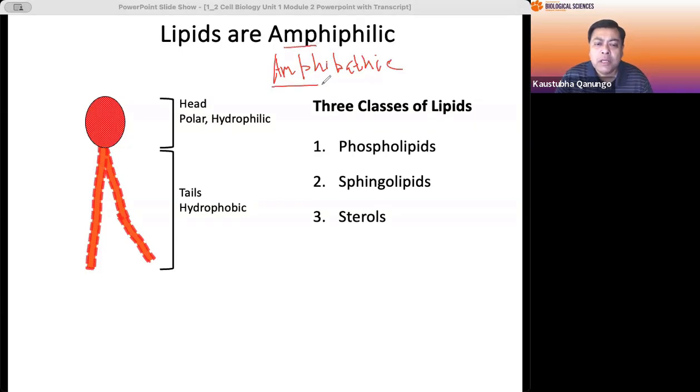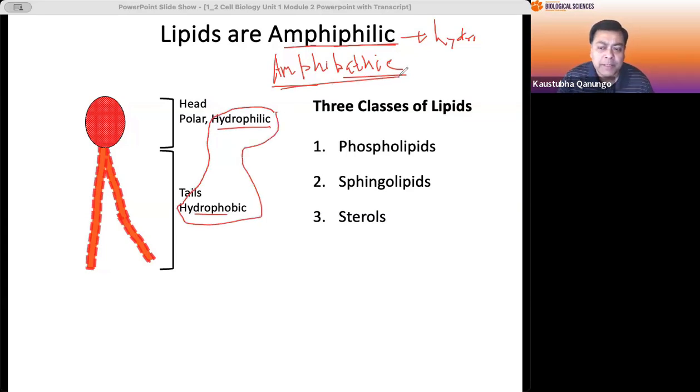Amphi means both. So amphiphilic means that it has a hydrophilic end plus a hydrophobic end. And amphipathic means that it has a hydrophobic end and a hydrophilic end. So basically hydrophilic and hydrophobic. If you have those two, you can call them amphiphilic as well as amphipathic. This can be used interchangeably.